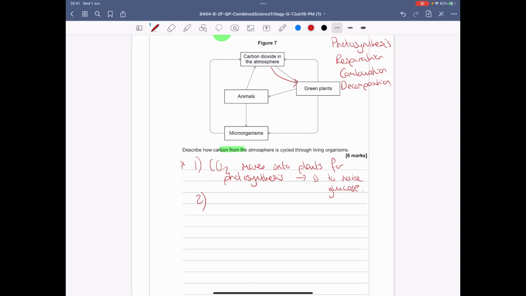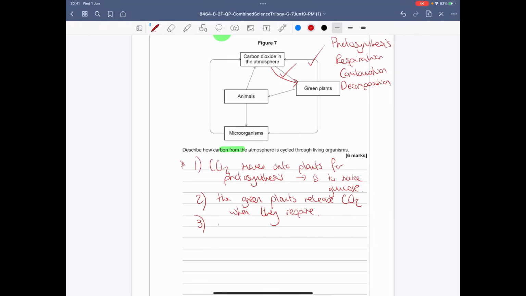Point number 2, so this is this arrow ticked off, so I would methodically tick off these arrows as you're doing it. This is the part that most people actually miss off. Green plants release CO2 when they respire. So green plants actually put CO2 back into the atmosphere when they respire as well. It's just less compared to the CO2 that they take in.